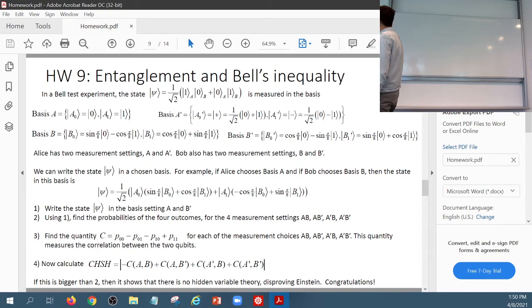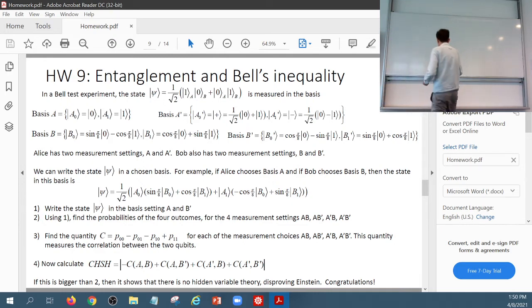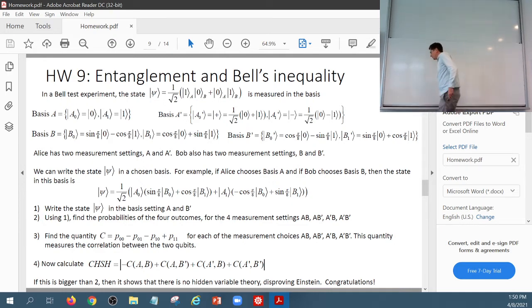Yeah. So are you talking about this equation? Yeah. Okay. So you're saying that maybe that transformation might have an error in it? Yeah. Well, let's check that. So A0, A1 is just 0, 1.